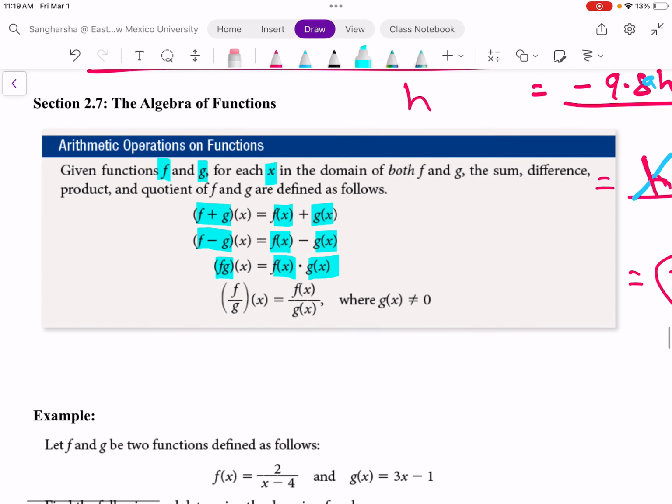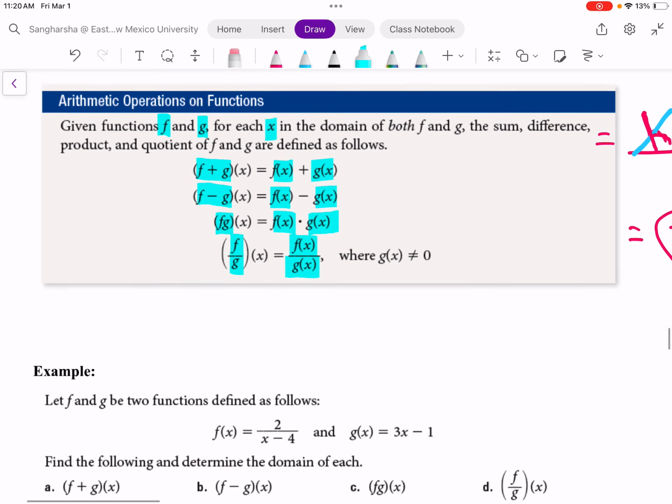If you want to find the f over g function, then it equals f of x divided by g of x. You have two different functions, both must have the same domain. To find f plus g, you add f and g together. For a difference, you find the difference of the two functions. And to find f times g, you multiply these two functions.